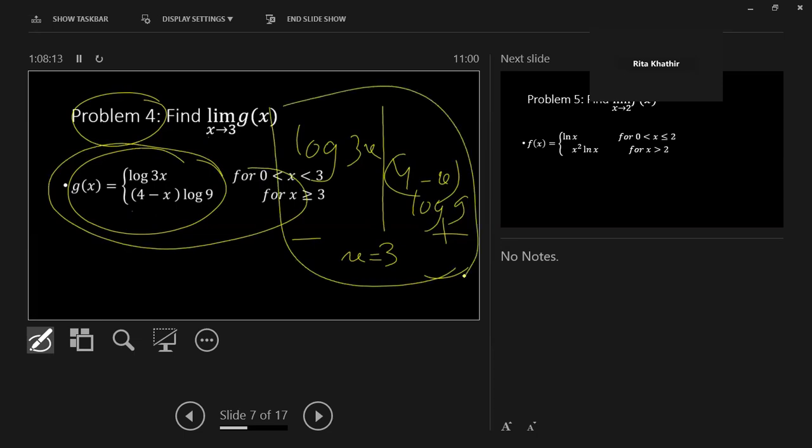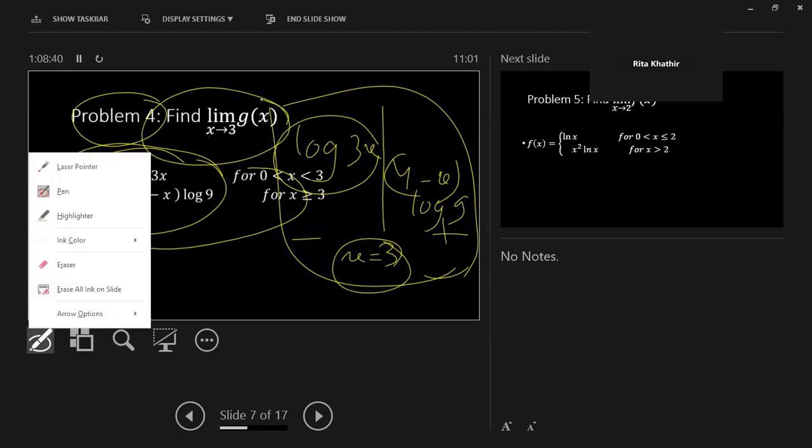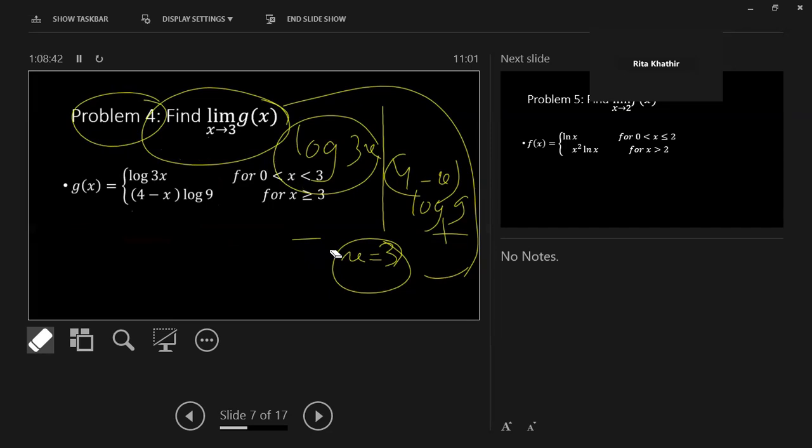Can you see? You have the line x equals 3, the left side and the right side, and for each side you have a model. When you have a limit, of course, the left side must be the same as the right side. So let's test it.